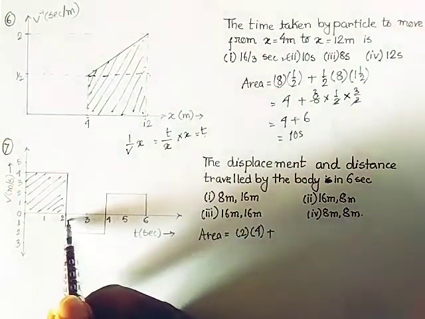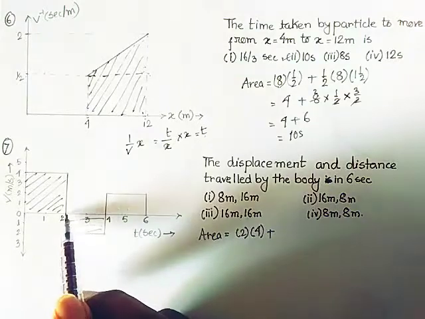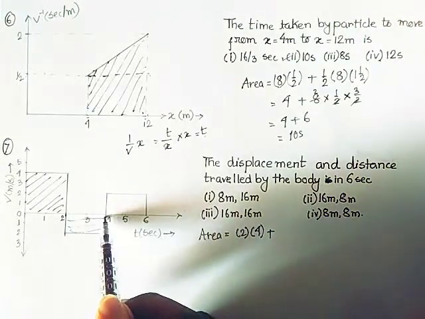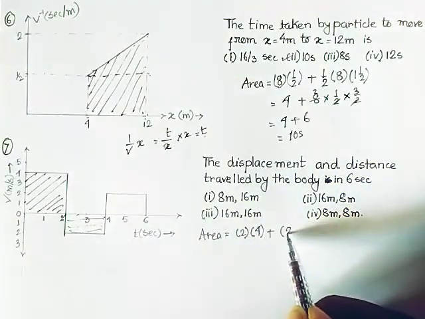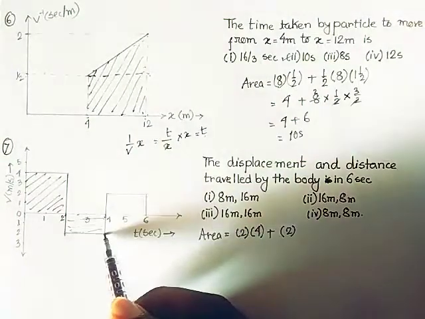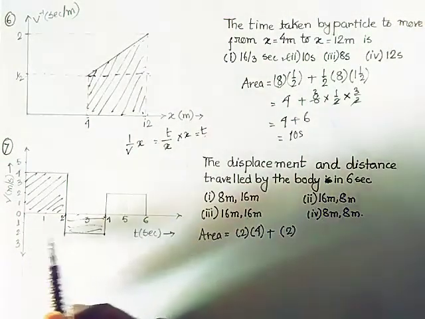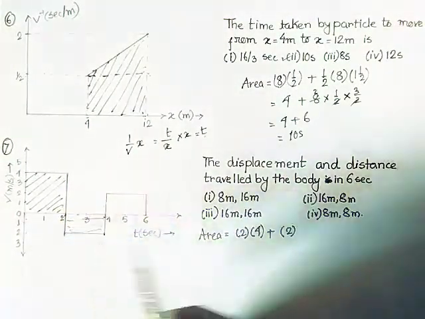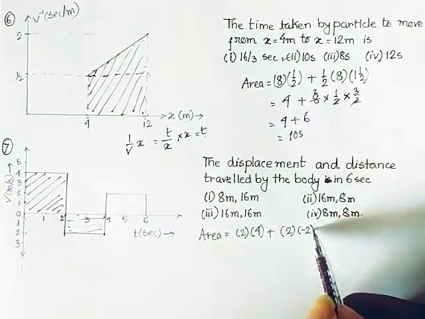Now if I want to calculate this area, it starts from 2 and ends at 4, so it will be 2, but it is on the negative side, so I can consider this as -2.